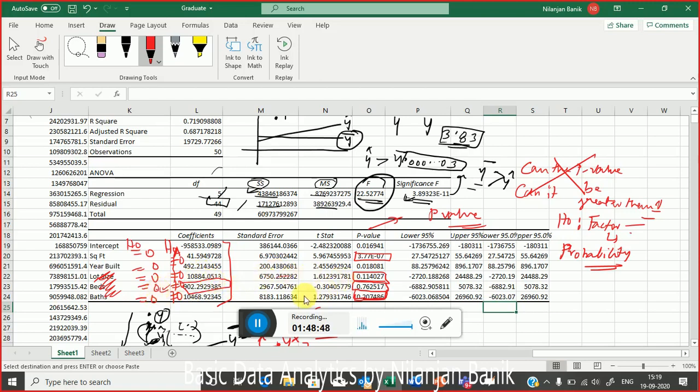But in statistical analysis, we don't consider anything greater than 0.1, and therefore, although 89 times out of 100 it is taking value 902, we still accept the null, saying that lot size does not have any implication in explaining the price of the house.